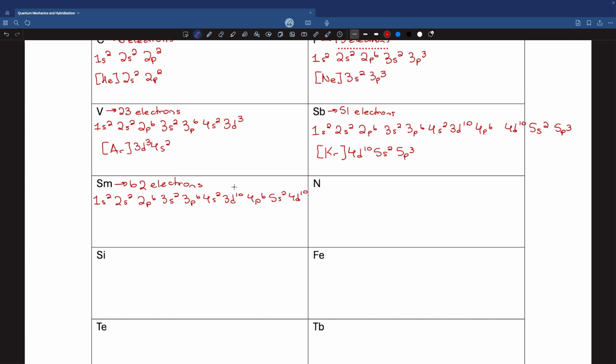And if I've counted correctly at this point, we should be 14 electrons short. So we're going to keep going with 5p6 and then 6s2. And our last ones, we should have 8 electrons left, which means we have 4f6, which means our largest noble gas, which has fewer electrons than Sm, is xenon.